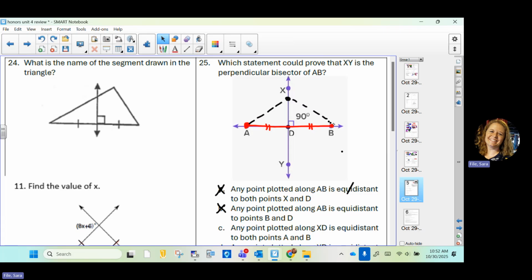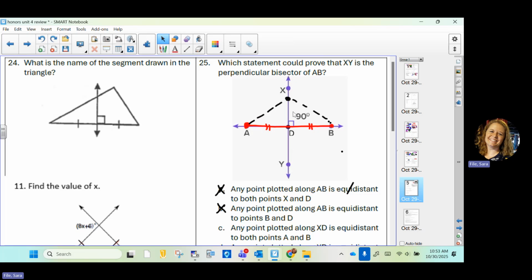That one makes sense. And now, not only does it look like it makes sense, the perpendicular bisector theorem tells us that if you have a perpendicular bisector, any point on the perpendicular bisector, so it could be anywhere on this vertical line here, is going to be the same distance from the endpoints of the segment that it bisected, which in this case is AB.